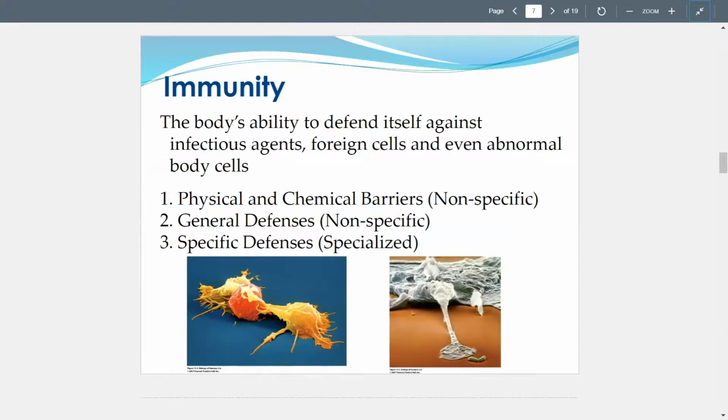The first two are non-specific, meaning they'll attack anything that comes in. But the specific defenses are when the B and T cells come in, because they need more fighters to attack whatever is entering your body.